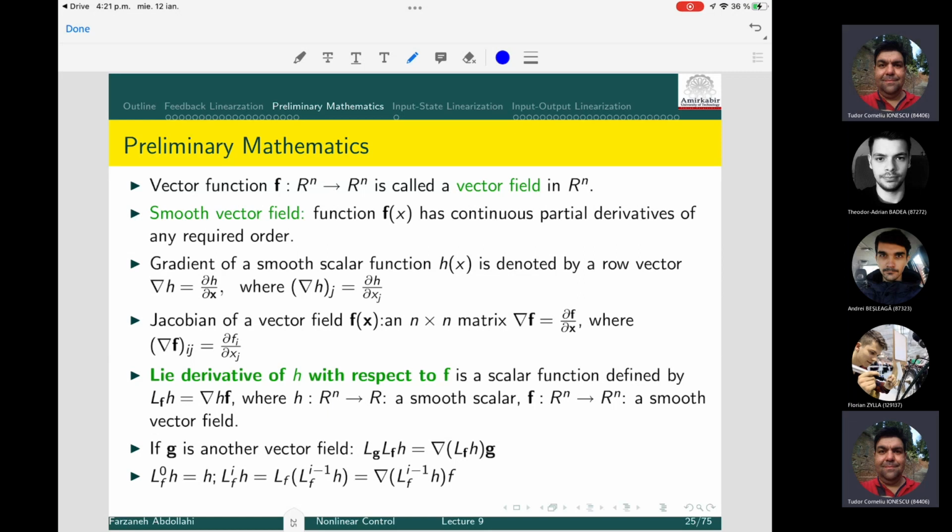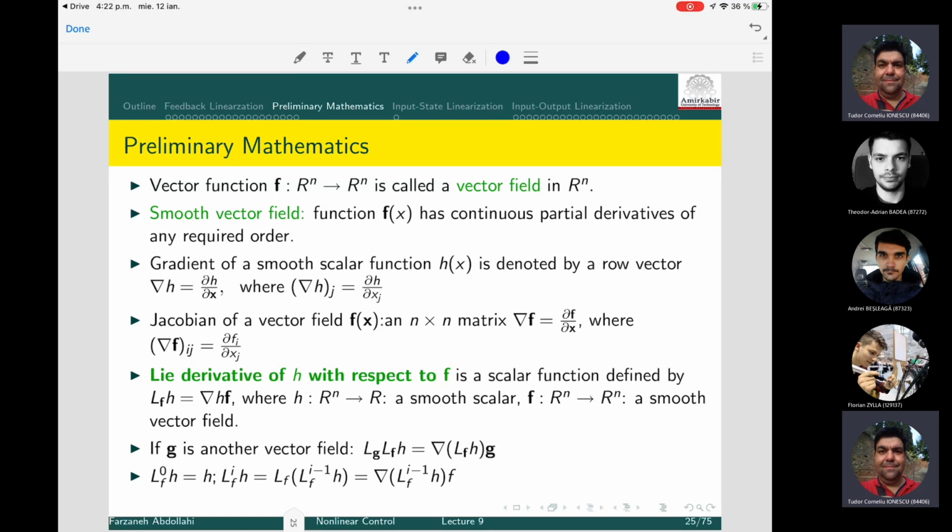So essentially f is continuously differentiable many times, okay? And this renders it a smooth vector field. So the functions are essentially infinitely many times differentiable and all the derivatives are continuous.